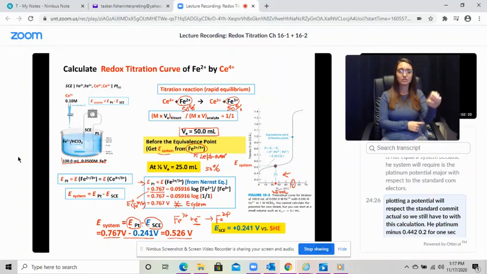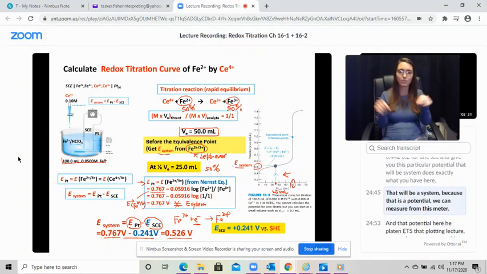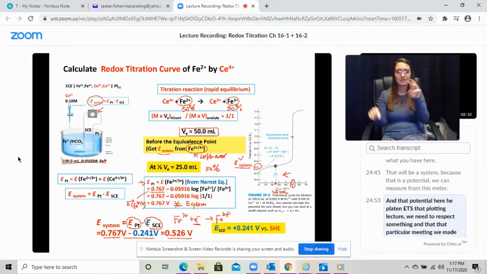That would be E system. That's exactly what you have here, because that is a potential we can measure from this meter. E platinum is just that platinum electrode, and we need to measure it with respect to something, and that measurement is with respect to the standard calomel electrode.